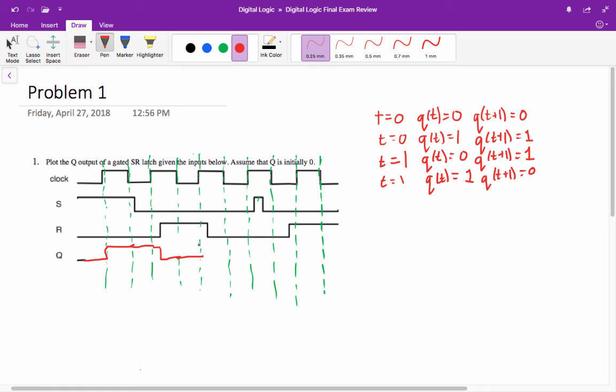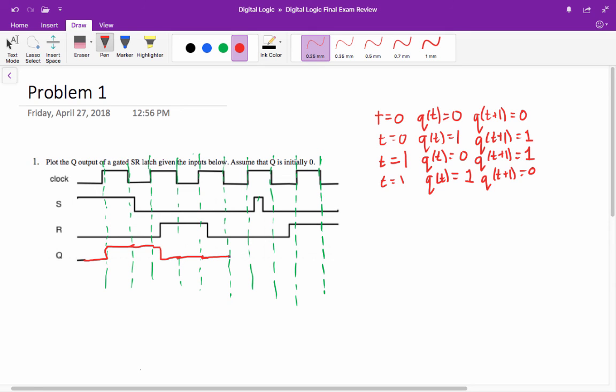And then when we get to the clock being 1 here, we've got R is 1 and S is 0, so that's 0. But here we have a change, and we have S is 0 and R is 0, so that means no change.